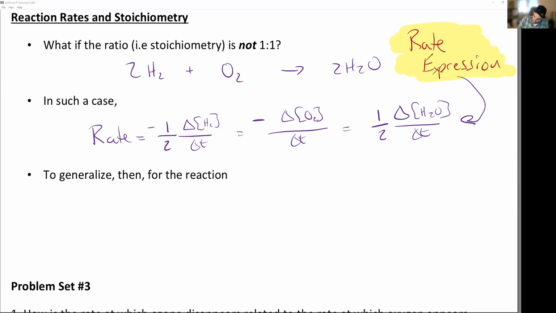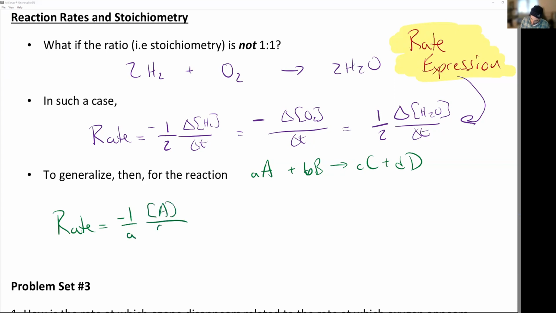So we can generalize this. We have aA plus bB yields cC plus dD. This is the standard equation that we use. So the rate is equivalent to, I am losing some concentration of A over the change in time. So negative 1 over a, change in concentration of A over time, is equal to negative 1 over b, change in concentration of B over time.